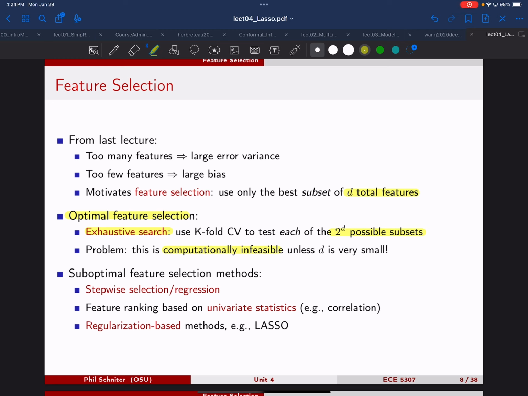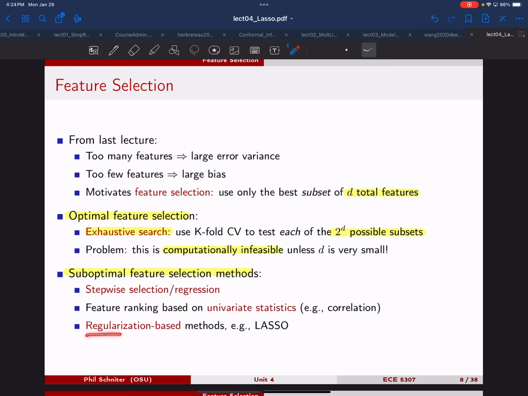So in this unit, we're going to spend time learning about some suboptimal techniques that are practical, and we're going to focus on sort of 3 varieties of them. One are some methods that are called stepwise or greedy methods. Another is feature ranking methods.